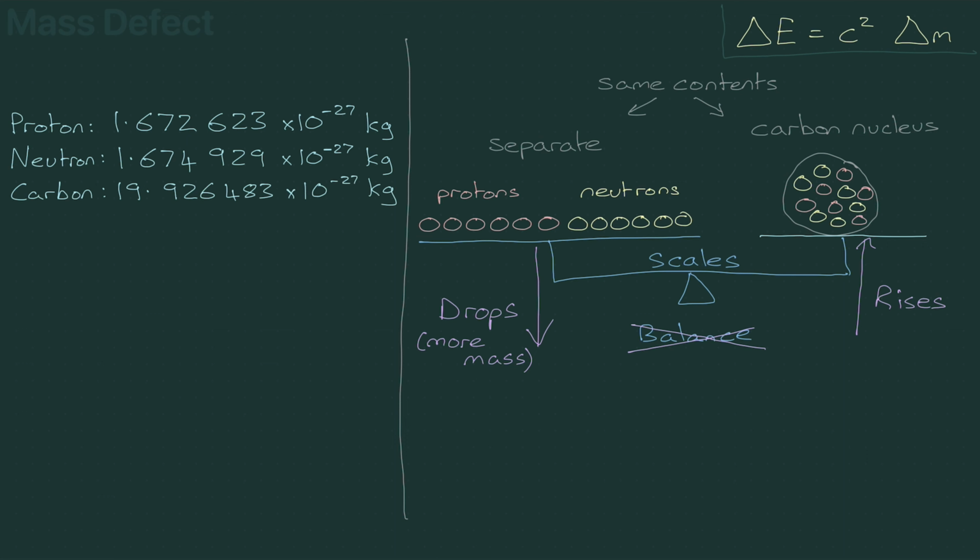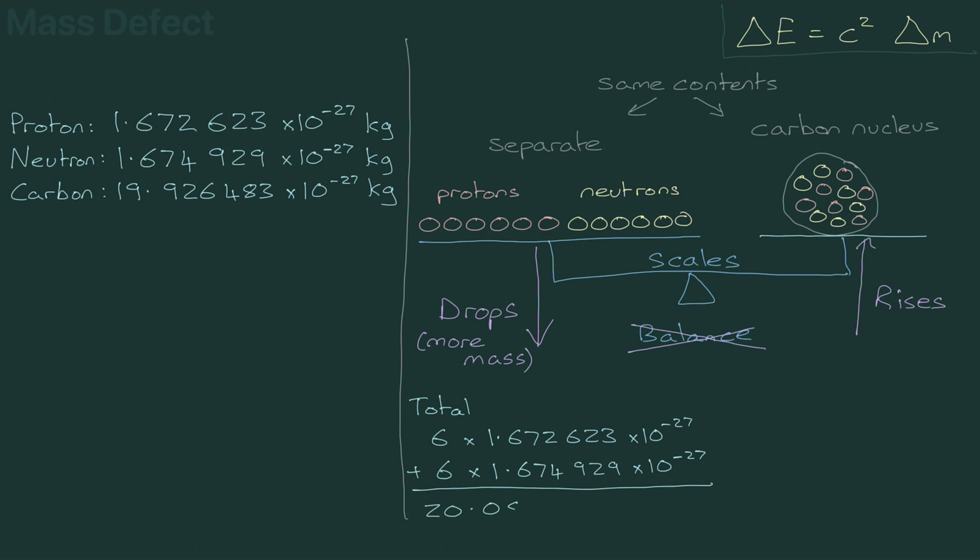So what's the difference? The tray with separate particles has 6 times 1.672623 times 10 to the minus 27 kilograms plus 6 times 1.674929 times 10 to the minus 27 kilograms, giving a total of 20.085312 times 10 to the minus 27 kilograms, compared to 19.926483 times 10 to the minus 27 kilograms for the joined up nucleus.